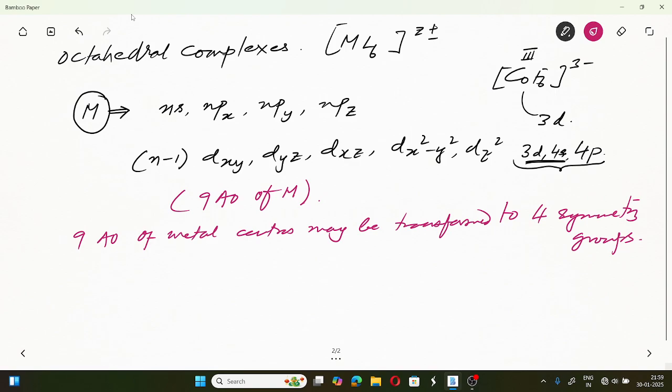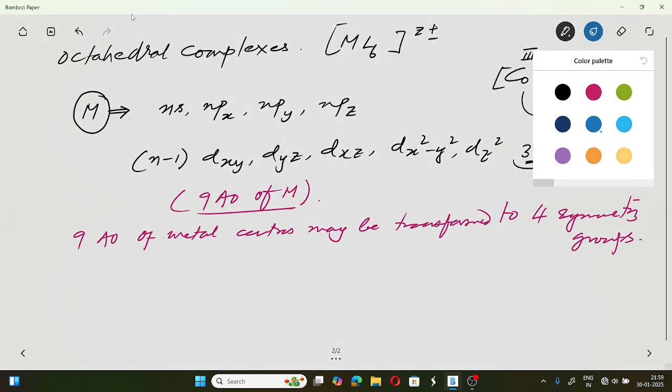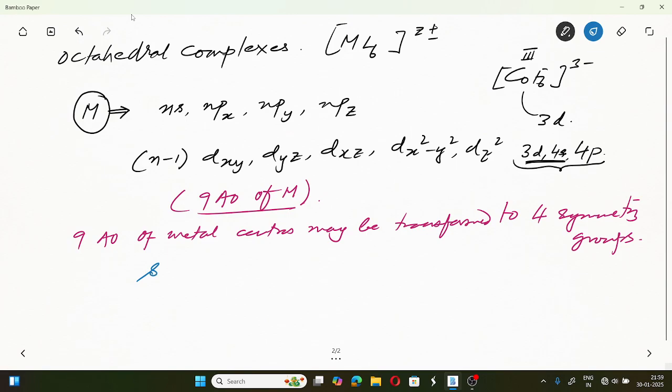How? The s orbital will transform to a1g.